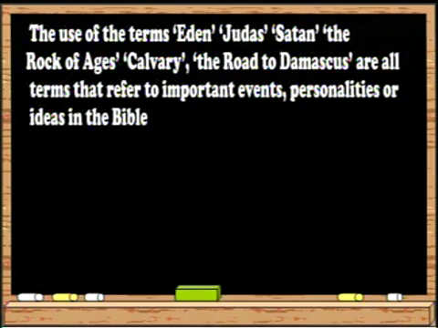The use of the terms Eden and Judas, Satan, the Rock of Ages, Calvary, the road to Damascus are all terms that refer to important events, personalities, or ideas in the Bible.